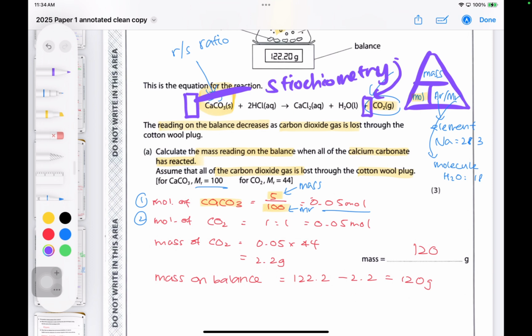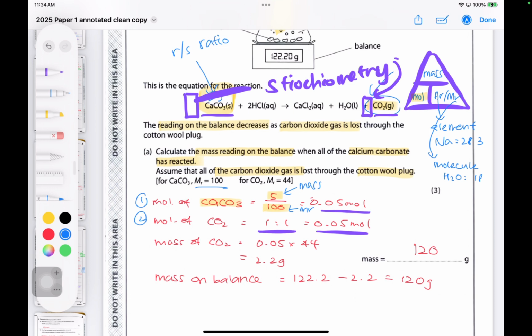Since there's no number in front, the ratio is 1:1. So for every 1 mole of calcium carbonate that reacts, you get 1 mole of carbon dioxide. Based on our first step, if we have 0.05 mole of calcium carbonate, the maximum number of mole of carbon dioxide that can be produced is also 0.05.